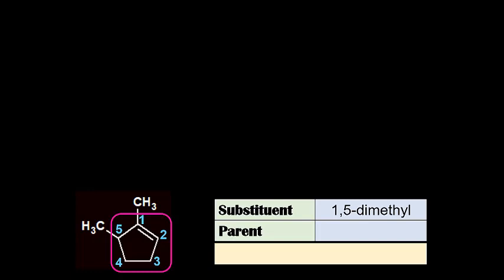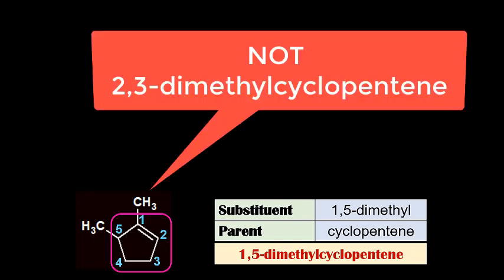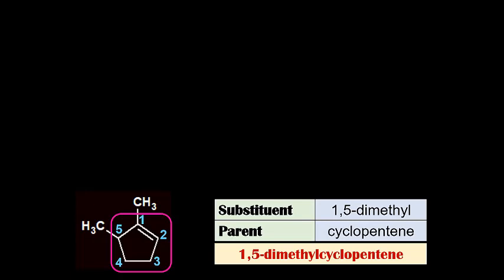We have 5 carbons as the longest chain, cyclopentene. As a single word, 1,5-dimethylcyclopentene. This 1,5-dimethylcyclopentene is not called 2,3-dimethylcyclopentene because 1,5-dimethylcyclopentene has the lowest substituent number, which is 1. So 1 is smaller than 2.